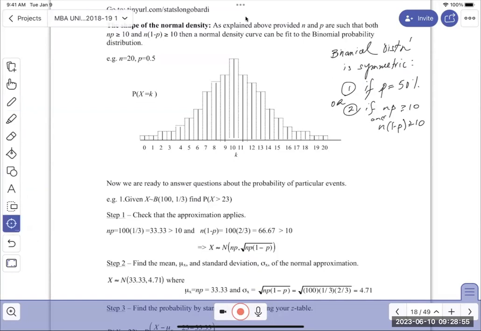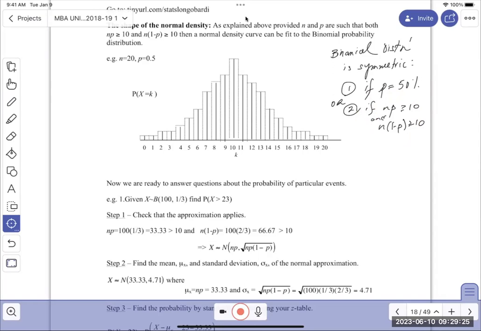This result that you need these to be true is something you just have to remember, okay? That p equals 50%, you can see that because you know the pattern of a binomial, and we can see that it's going to be symmetric when p is equal to 50%. And you can even look at that in Excel. You can see in the tables that when you have p equals 50%, no matter what the n is, you're going to have symmetry in the distribution.